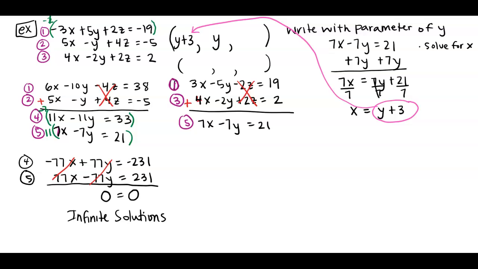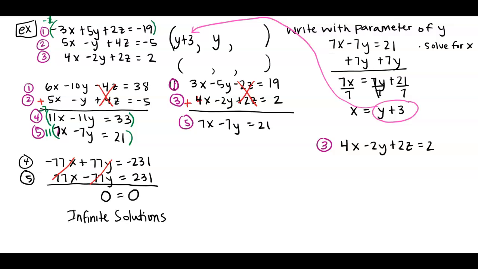Now to find my z, I need to go back up to one of my original 3, and maybe I'll just use equation 3 here. I'm just looking for ones that have small numbers in them because I like that more. So I've got 4x minus 2y plus 2z equals 2. And I know that y plus 3 is what my x is.